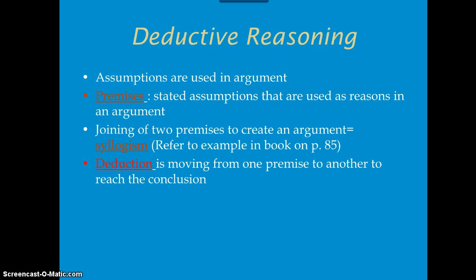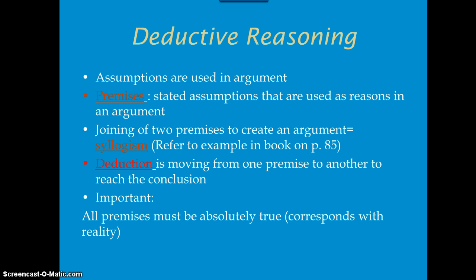And as stated, deduction is moving from one premise to another to reach a conclusion. The one thing that's obviously important in this is for us to understand that the premises must be true. If the premises aren't true and don't correspond with reality, then there's obviously an issue with the syllogism or with the deductive reasoning.